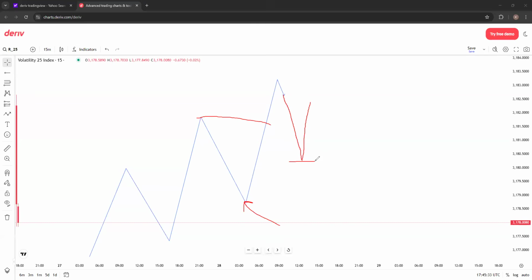We can just anticipate that it's a low, but we cannot 100% say this is a low. Why? Because it hasn't broken this high. And from what we are seeing price doing, we are expecting price to buy and go up, right?